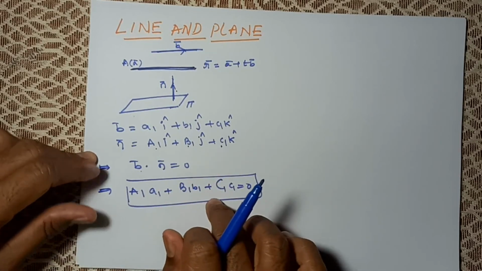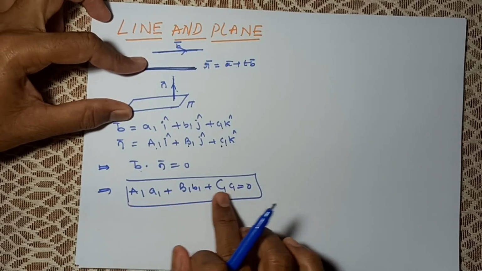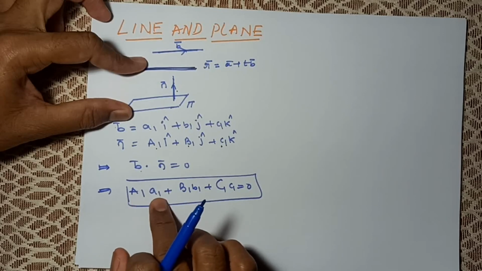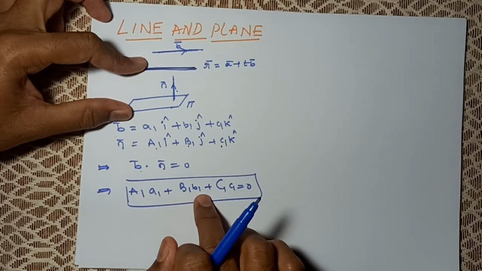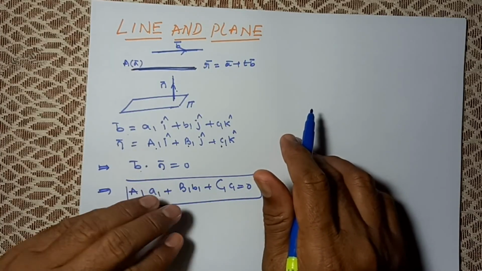So when the line and plane are parallel, this summation will be 0.